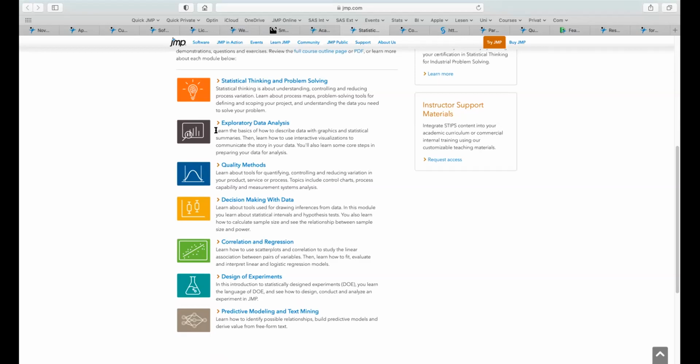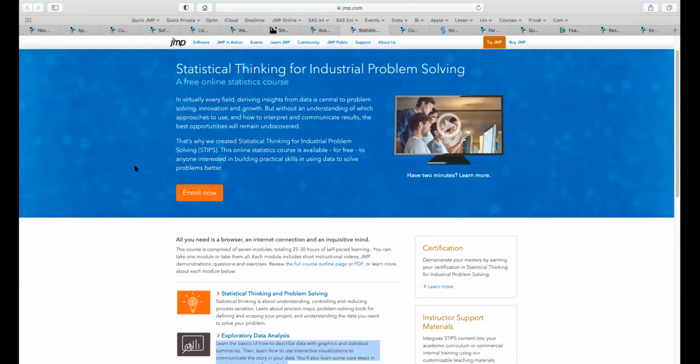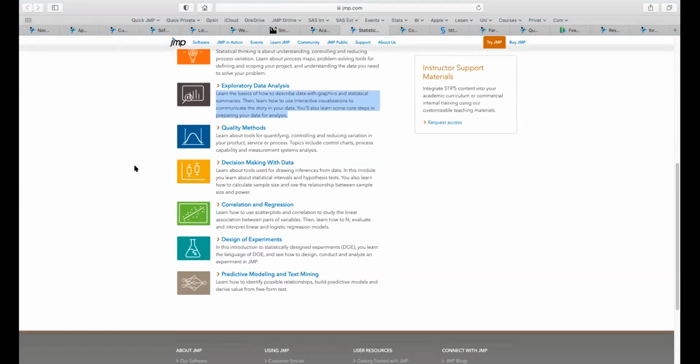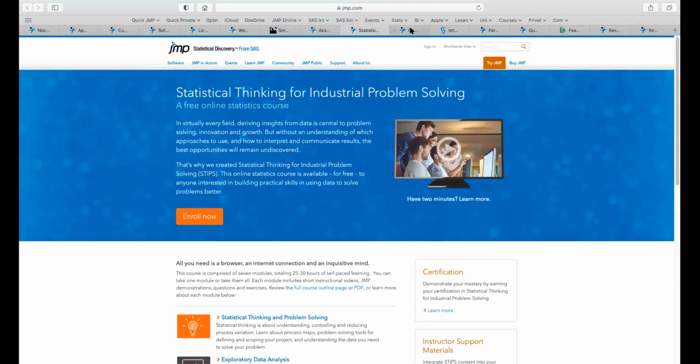One module is about exploratory data analysis. This is about preparing your data, cleaning your data, and visualizing your data when you start with a new data set. There are also other modules about other applications, including quality and also DOE, which are also highly recommended.